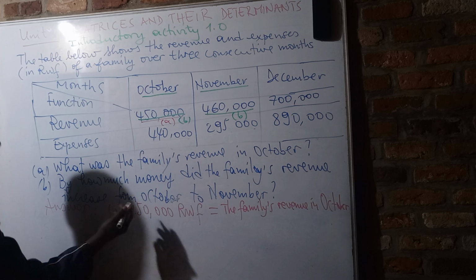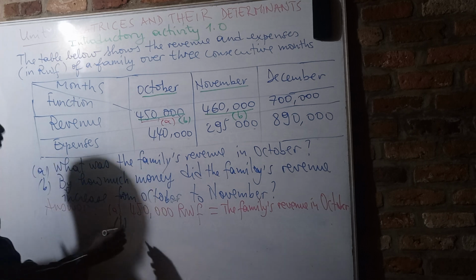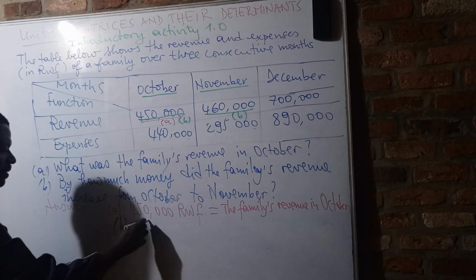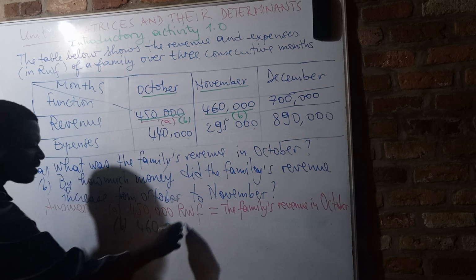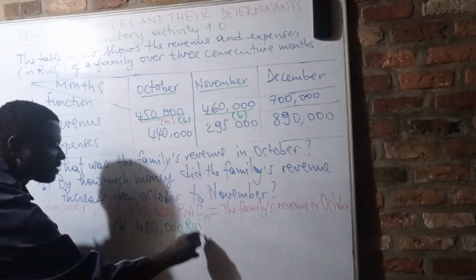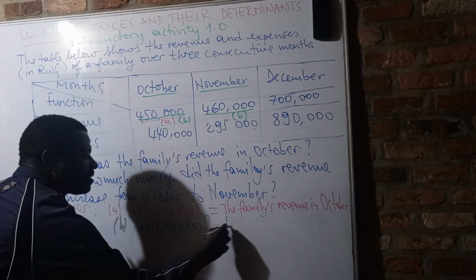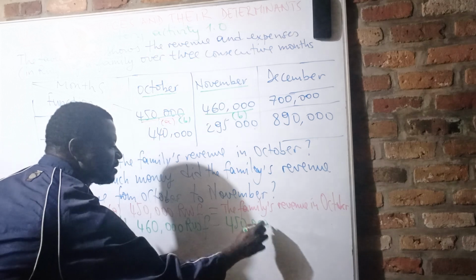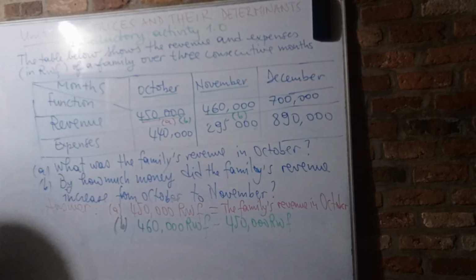Let me just use the difference. Higher amount 460,000 francs minus, now in this case 450,000 francs.